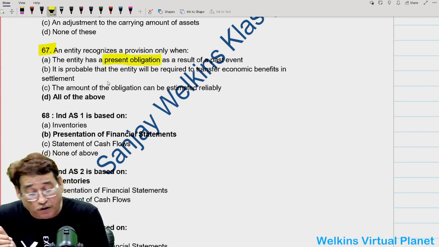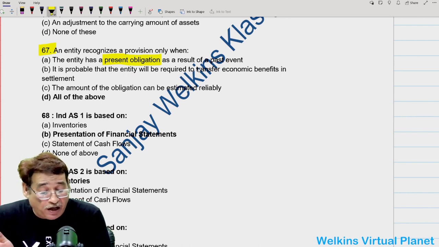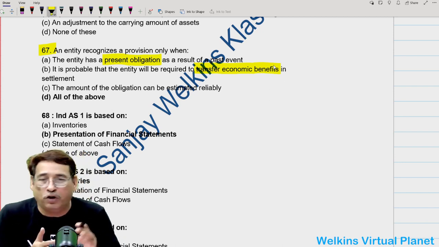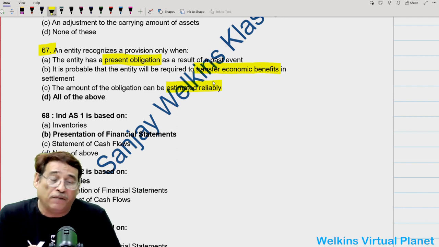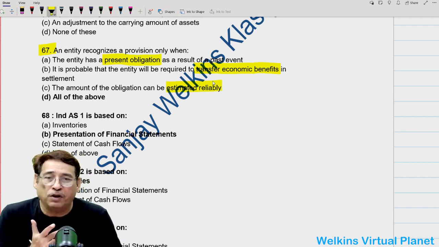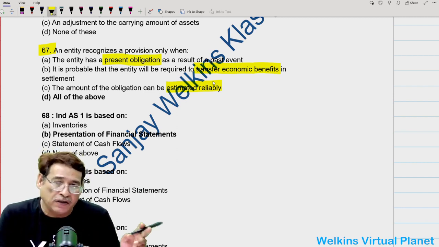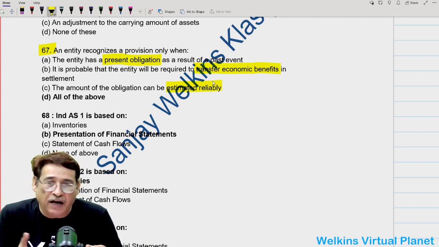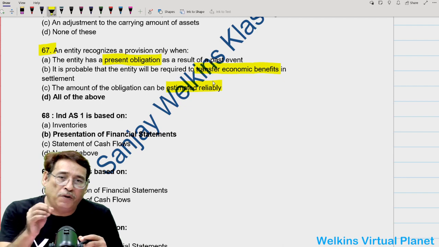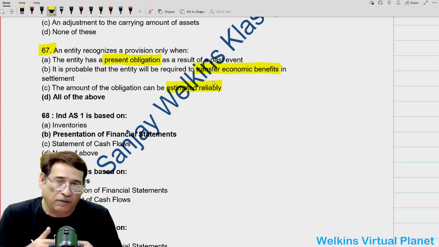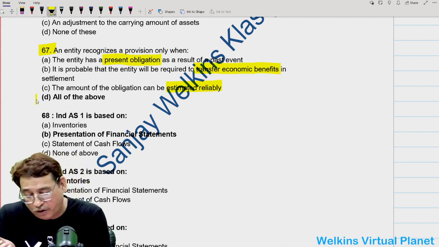If there is a present obligation and it is probable that the entity will have to transfer some economic benefits, in the sense that there is probability of outflow of funds, and the amount can be estimated reliably, in that case a provision is recognized. So your answer should be all of the above.